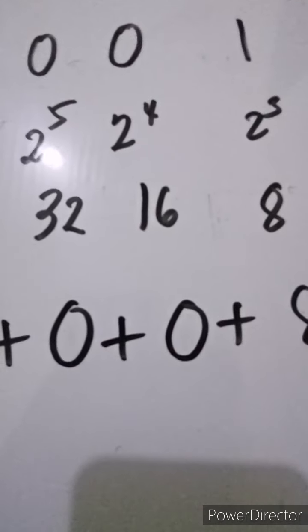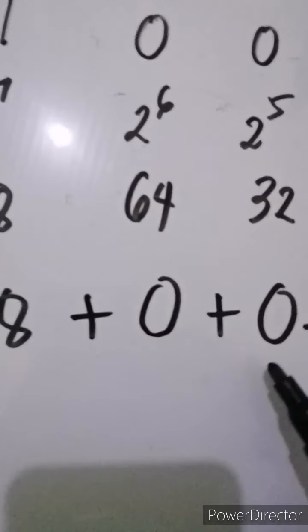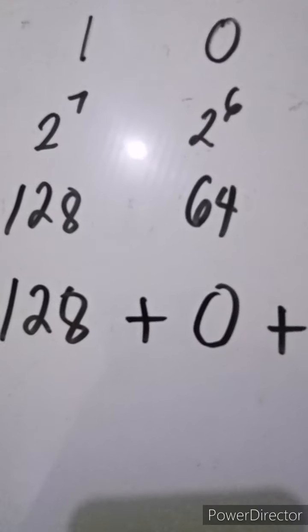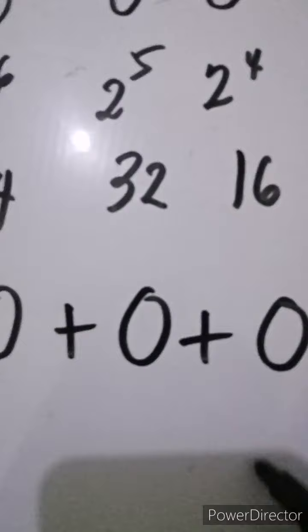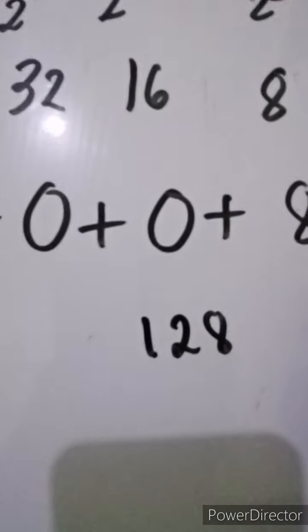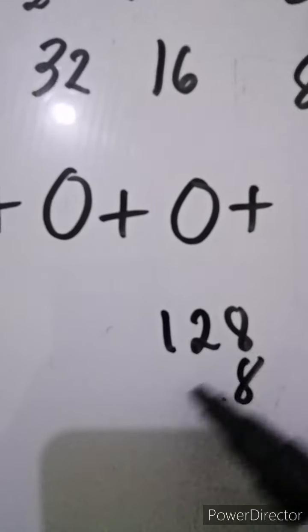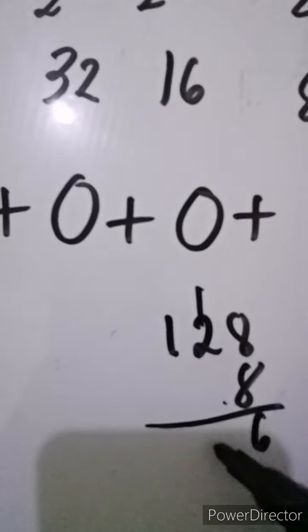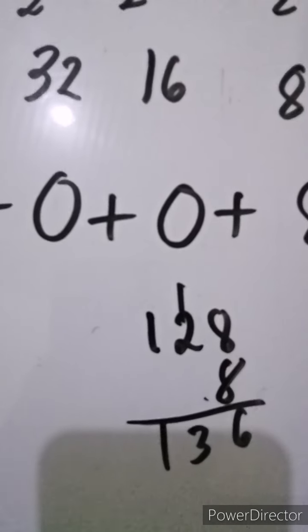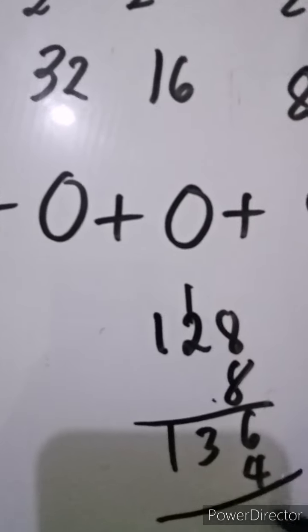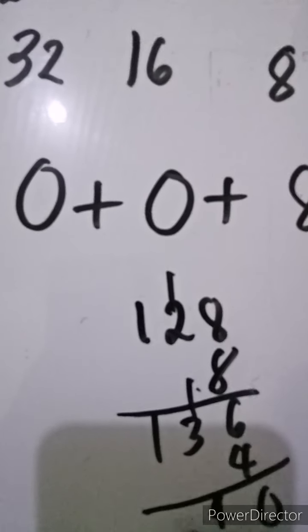So, 128 plus tatlong 0, automatic siya na 128. So, 128 plus 8, we have 136. And then, plus 4, we have 140.